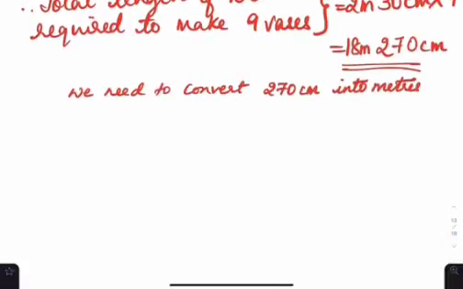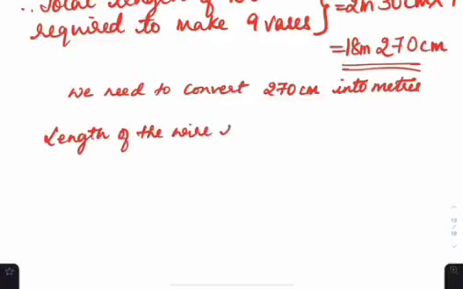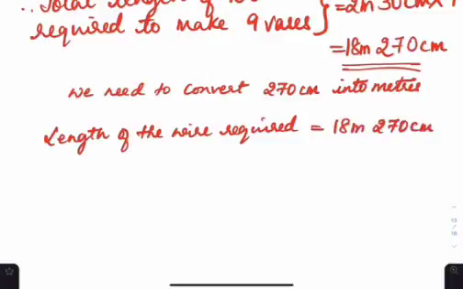For that, see, length of the wire required, what is the answer that we have got? Length of the wire required is equal to 18 meters 270 centimeters, correct? So this is what we have got.